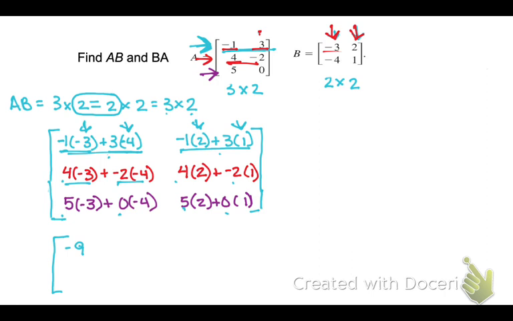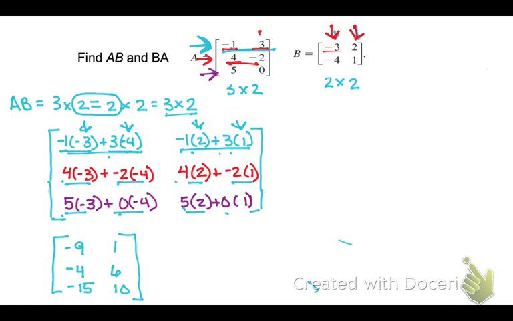Negative 4. Negative 15 plus 0. Negative 2 plus 3. 1. 8 minus 2. 6. And 10 plus 0. 10. Okay, do we have a 3 by 2? Yep.